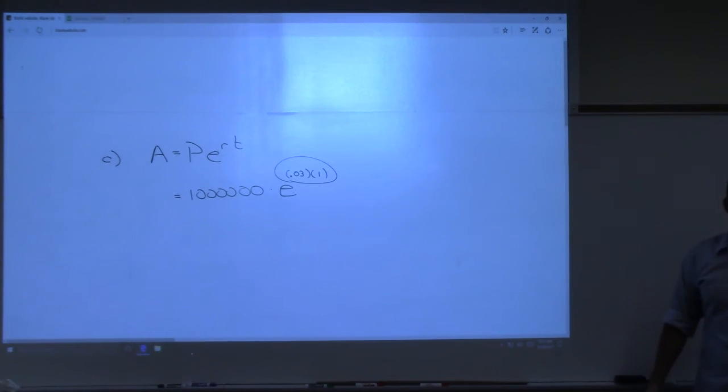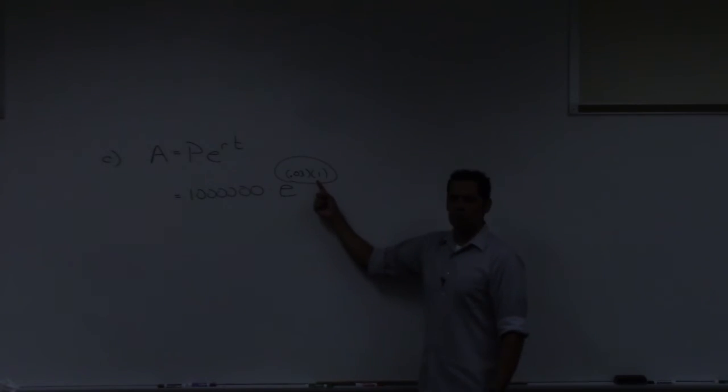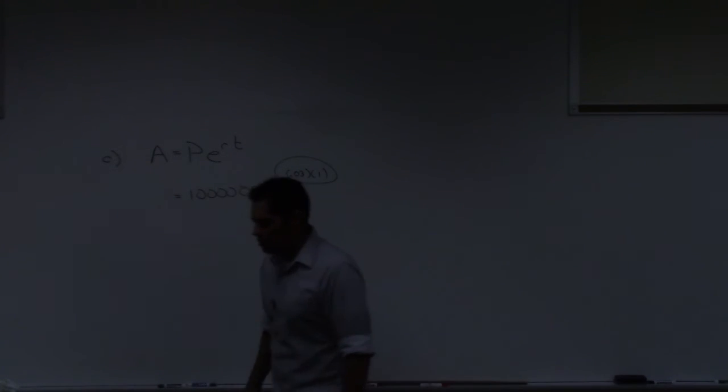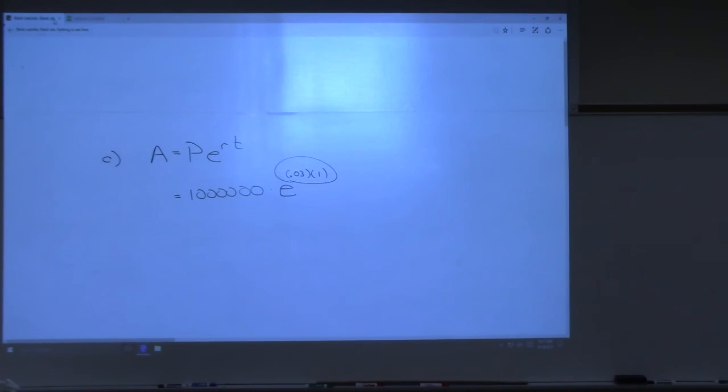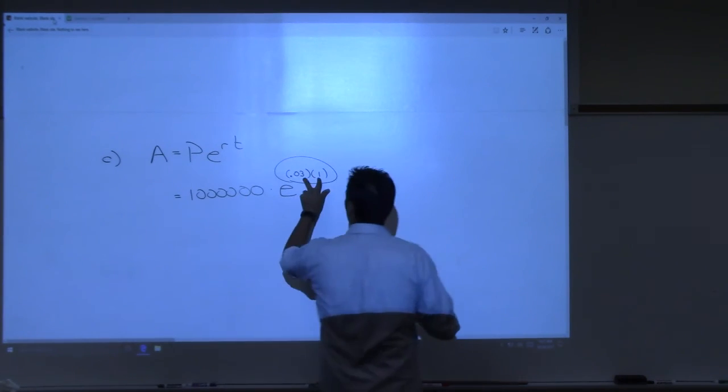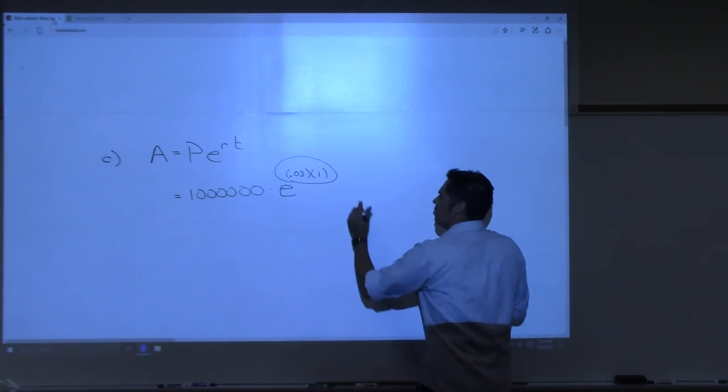In this problem, it's pretty simple because it's times 1, right? But if this were 2 years, you would have to do 0.03 times 2 first, okay?